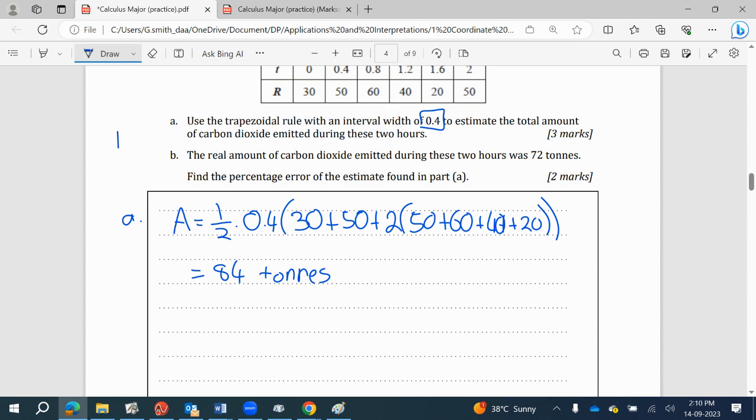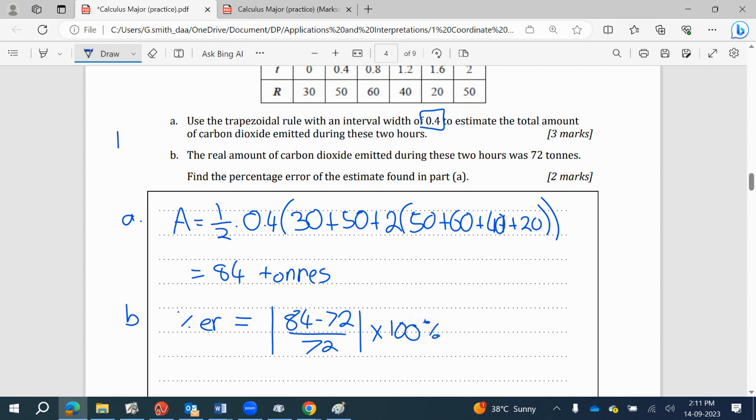On the formula sheet, it calls it the exact value and the approximate value. So using the formula sheet, your percentage error is going to be, we use the absolute function, the estimated value 84 minus 72 over 72 times 100%.